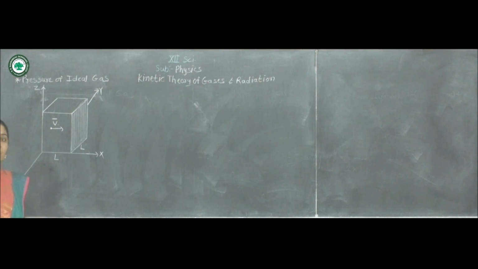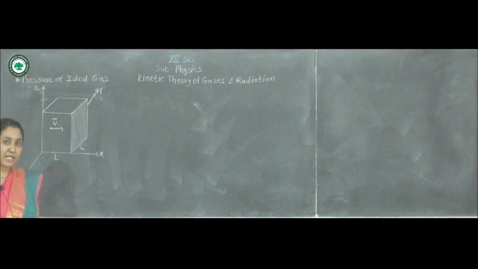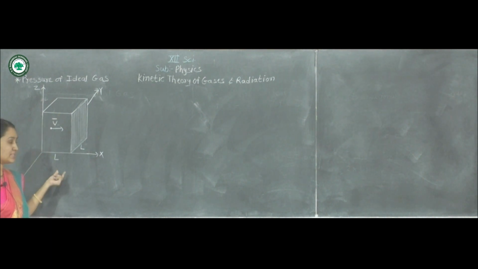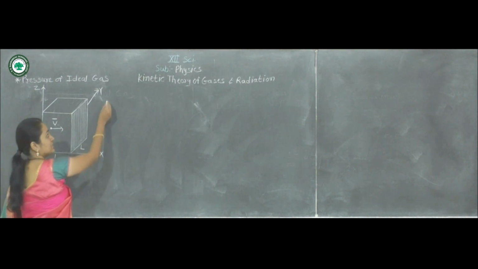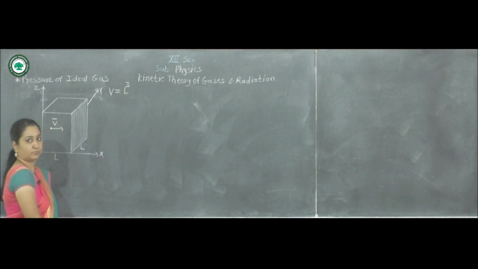We have to find the relation between the pressure of the gas and the molecular speed of gas molecules. This cubical box has length L, so the volume of this cubical box is V is equal to L cube.